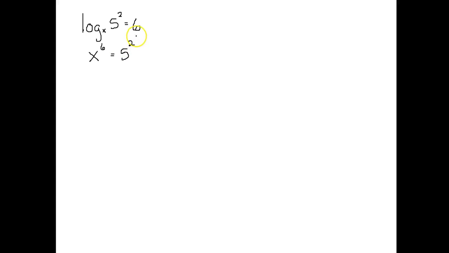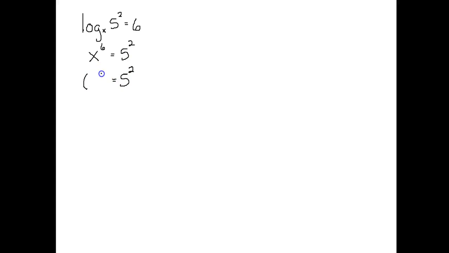Okay, now since the x is in the base and 5's over here in this base, my best bet will be to rewrite this so that the exponents are the same. If their exponents are the same and they're equal, then the bases must be equal. Well, 5 squared, I really can't break that down anymore. 5 squared, yeah, I'm going to leave that there.